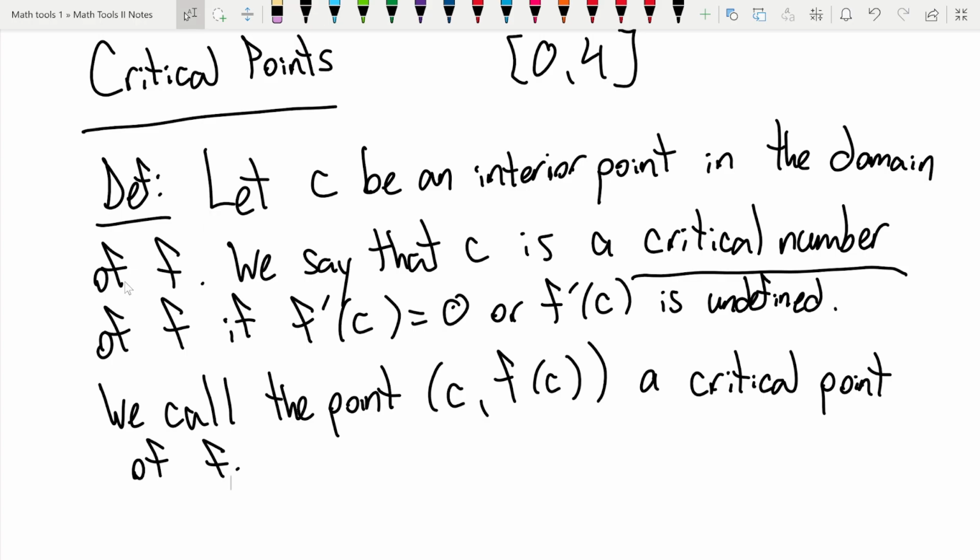So critical number and critical point are often just used interchangeably because you can move from one to the other rather easily. It just depends on if you're talking about the x value or the point, and it often doesn't matter which one we're talking about.